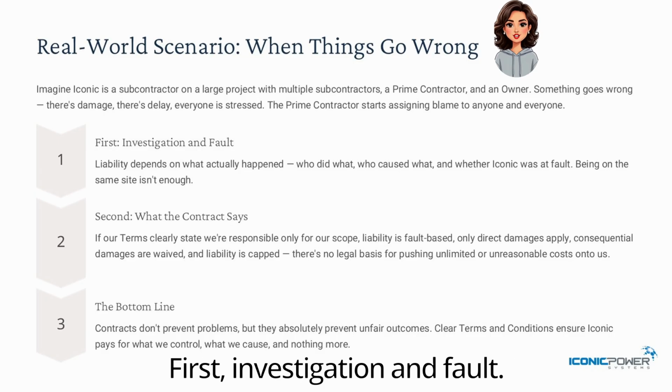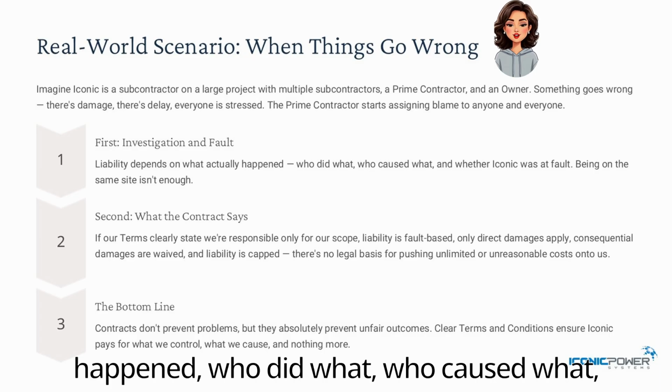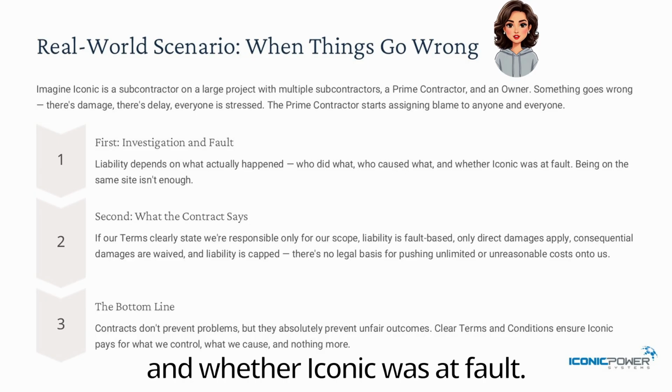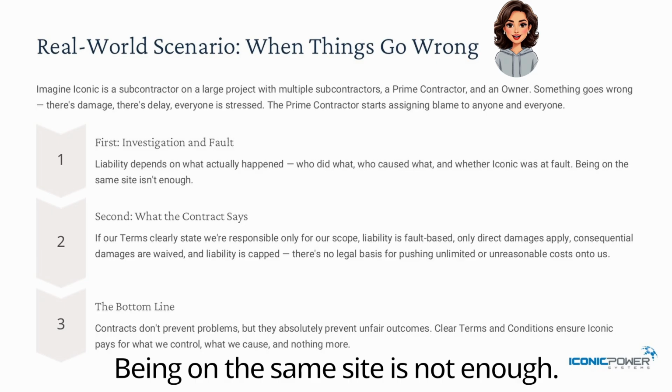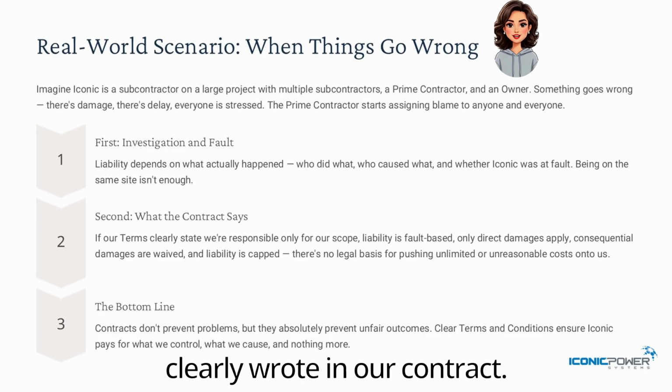First, investigation and fault. Liability depends on what actually happened, who did what, who caused what, and whether Iconic was at fault. Being on the same side is not enough. Second, and just as important, what we clearly wrote in our contract.